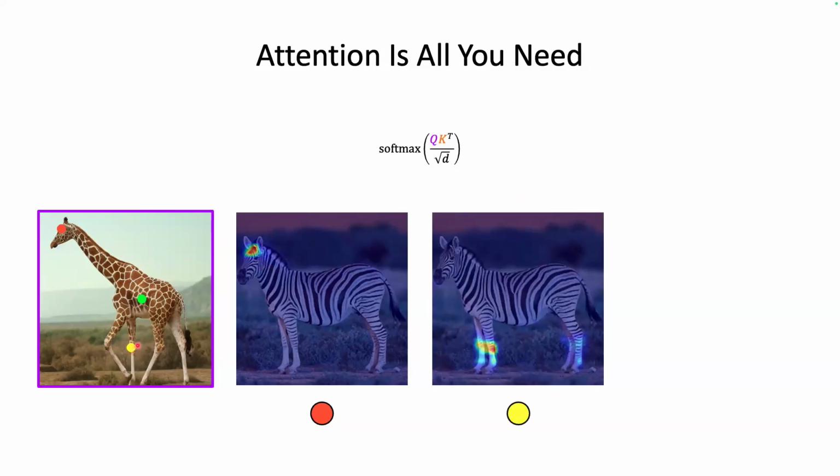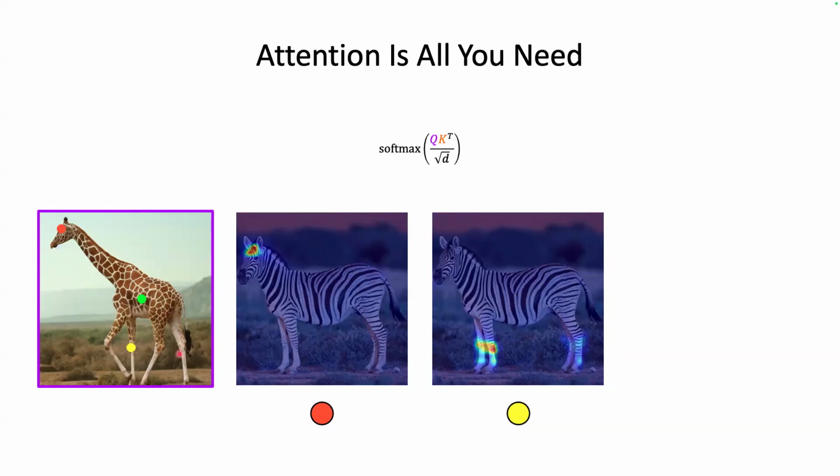Also, if we take this yellow point, a query on the leg of the giraffe, we get attention to the legs of the zebra. Okay, and again, this shows that this semantic information is not only relevant within a single image, but it's also shared across different images. So for different images, the attention features that we get have semantic meaning that is relevant across images.